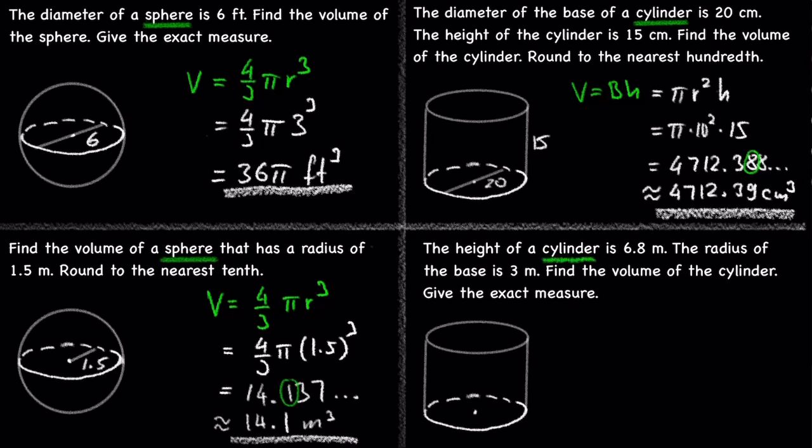The height of a cylinder is 6.8 meters. The radius of the base is 3 meters. Find the volume of the cylinder. Give the exact measure. Again, the volume of a cylinder is the base times the height. The base is the area of the circle, which is pi r squared.